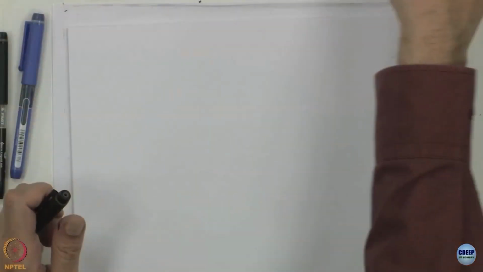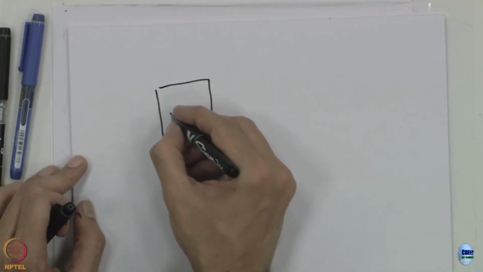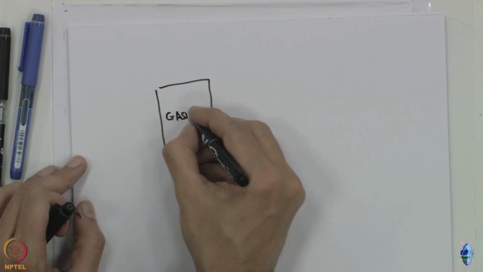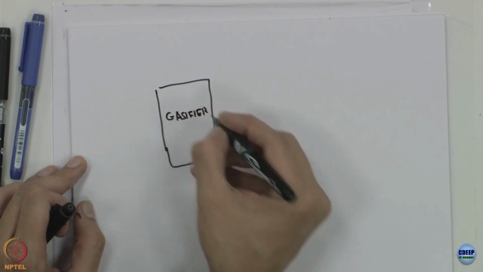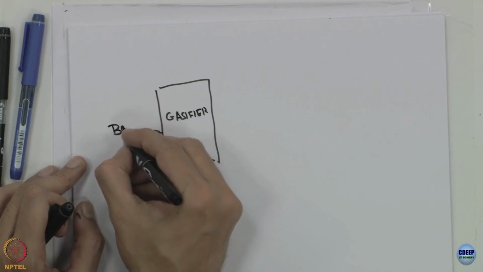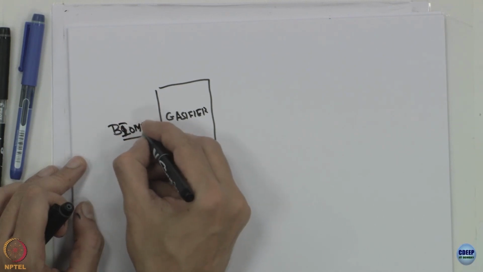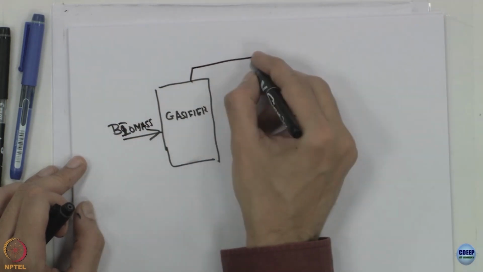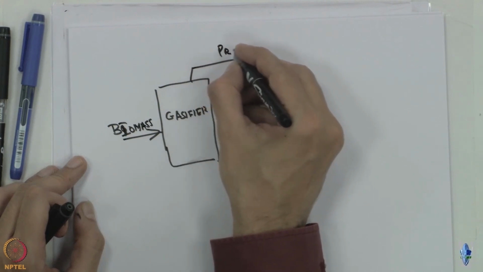Let's quickly look at option C, where we have the biomass gasifier. Here we have a gasifier where we fire biomass and get producer gas.